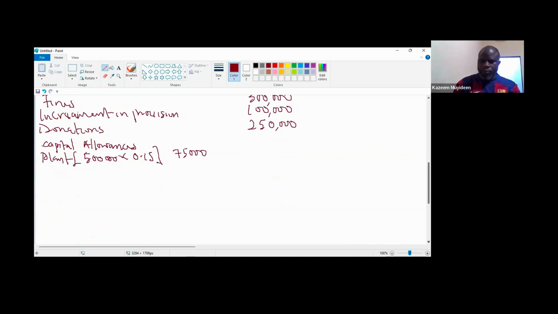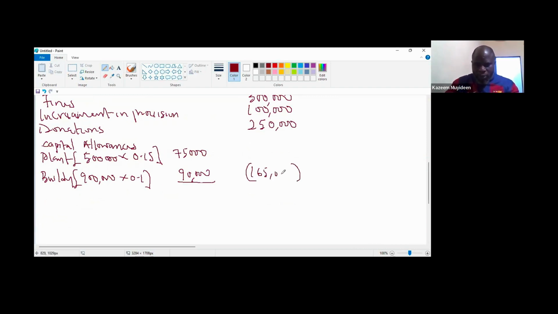Then on building, how many percent is applicable to building? 10%. Now say 900 times 0.1. That will give us 90. So total capital allowance that will be deducted is 165,000.